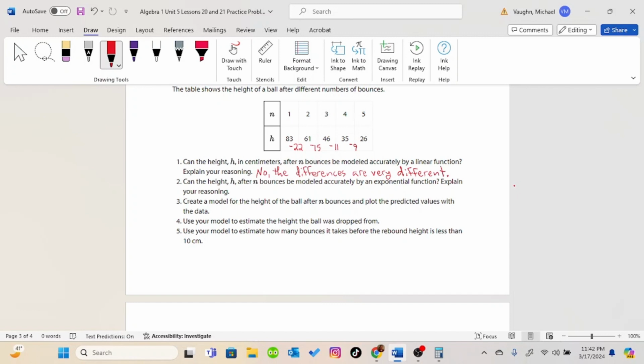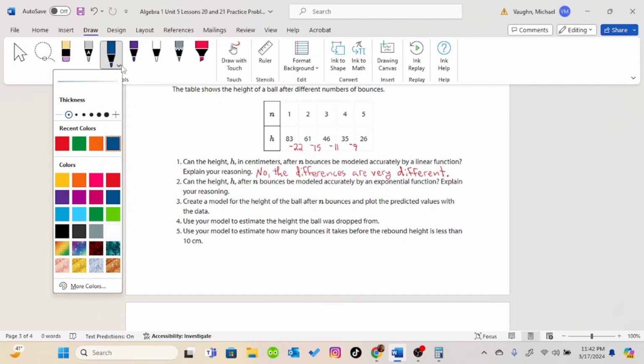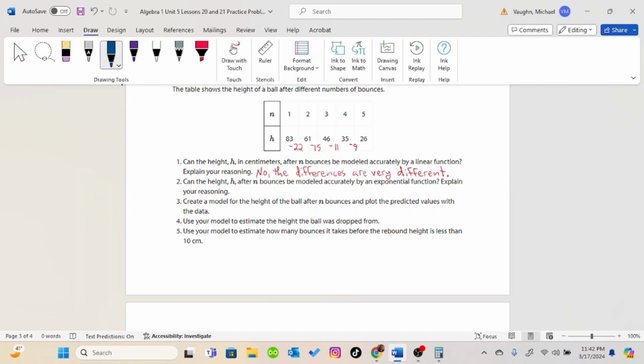Number 2, can the height h after n bounces be modeled accurately by an exponential function? To determine this, we need to take each second point and divide it by the first.